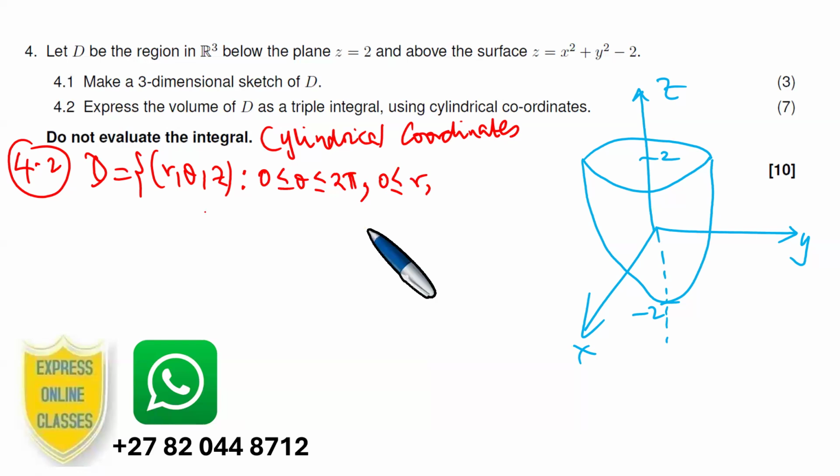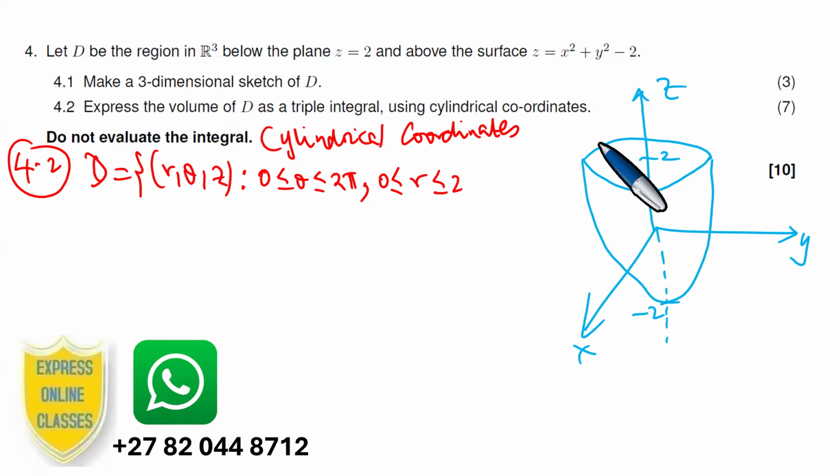Okay, because now the r, it's the radius we were talking about. So you're going to have that the radius we're talking about is between 0 and 2.